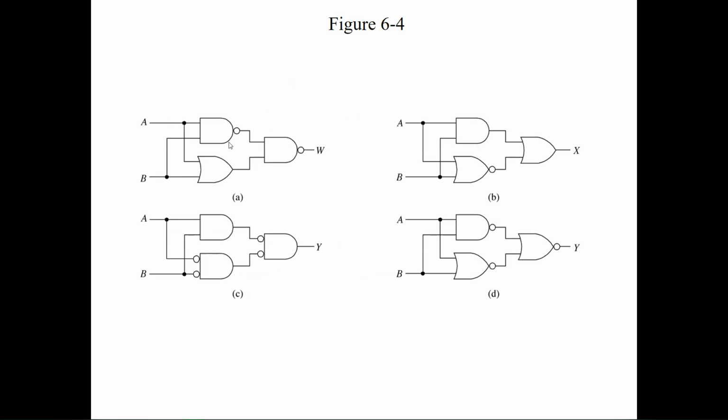So for figure A, we have what kind of gates? OR and AND. Well, that is an OR, but these are what? AND gates. NAND gates, yes. NAND. Okay.